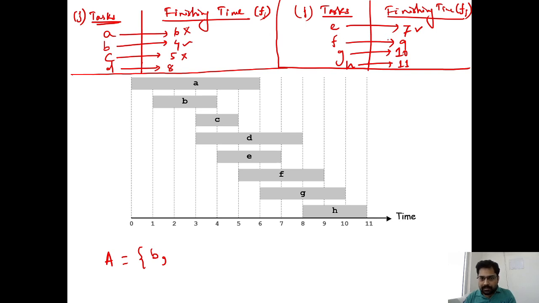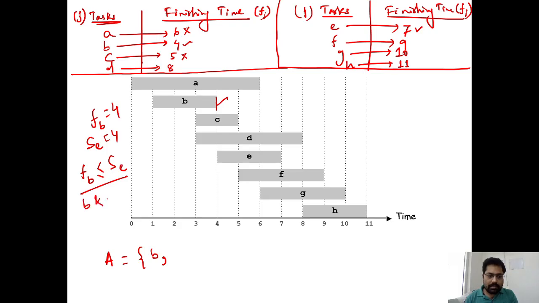Once we find the 7 here, we have collected this one, and here I have to check. It's the finishing time. The finishing time of B is 4, and the starting time of E is 4. Here the condition it follows is that the finishing time is less than or equal to the starting time, so B and E are compatible.